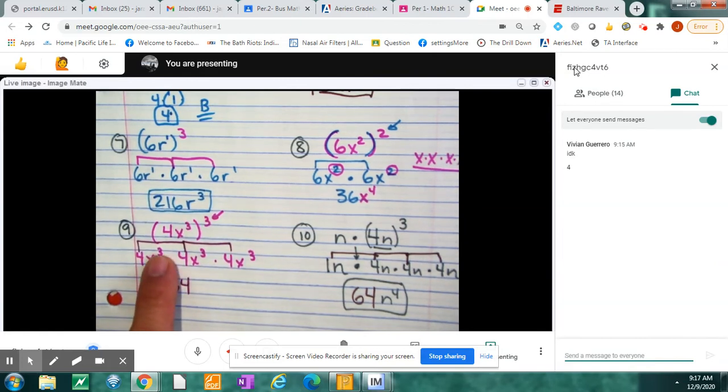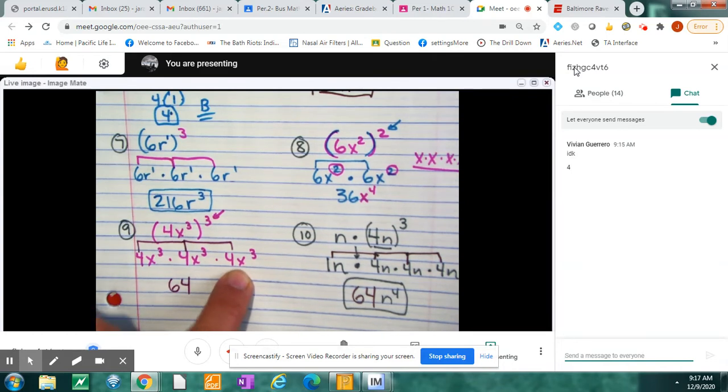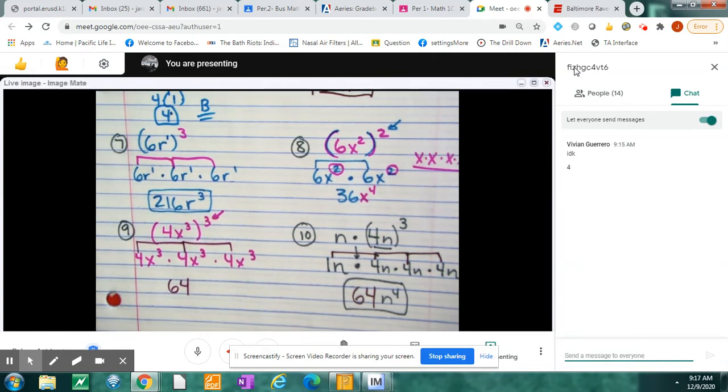Now, Vivian, how many exponents are there? I got x to the 3, x times x times x, another x times x times x, another x times x times x. How many altogether? Vivian, just type it in. Waiting, drum roll. Waiting for Vivian's answer. How many altogether?